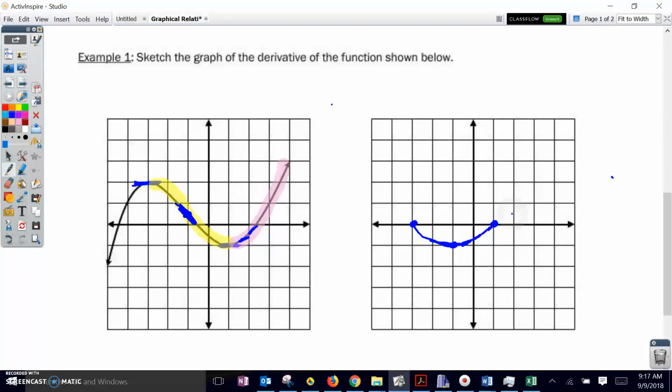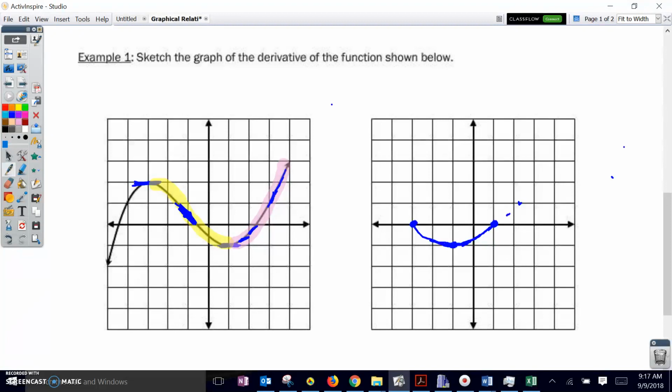I'm going to plot slopes. Got a little bit far to the right there with that point. Right about here, it appears to be about 1/2. And about here, it appears to be 1, somewhere in that neighborhood. As I move up the curve, the slope gets steeper.